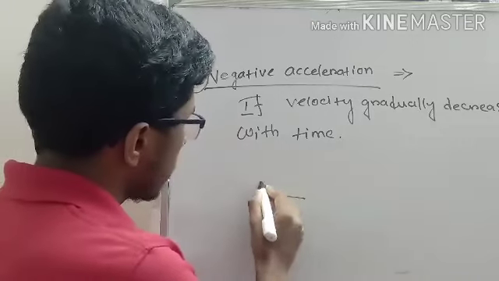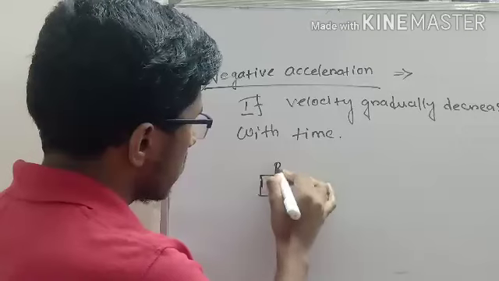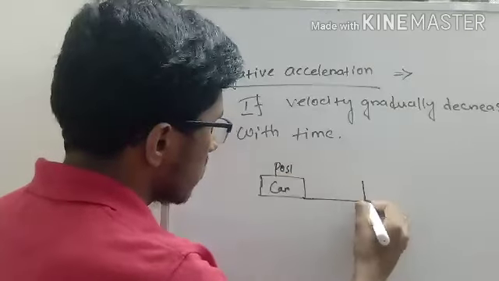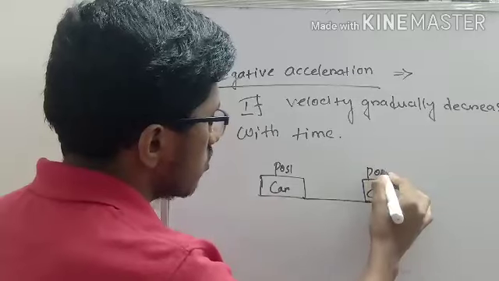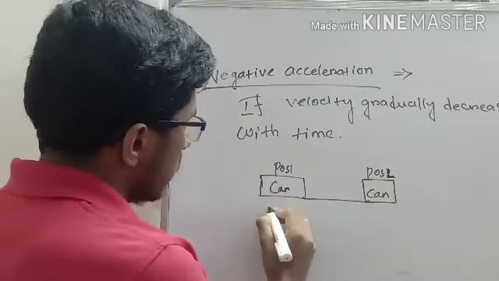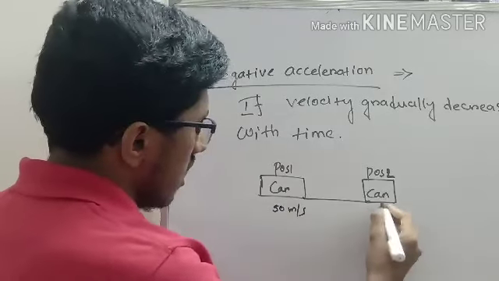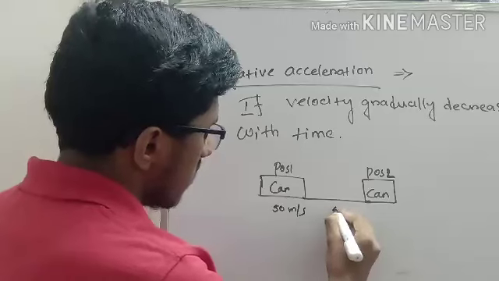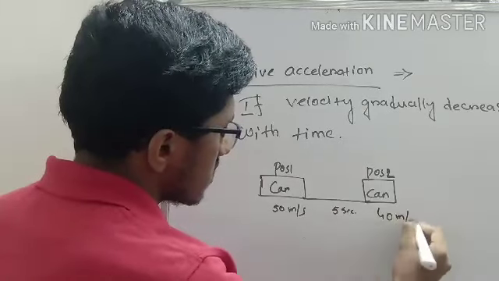Say a car at position 1 or position 2. Velocity is 50 meters per second, and after 5 seconds the velocity is 40 meters per second.